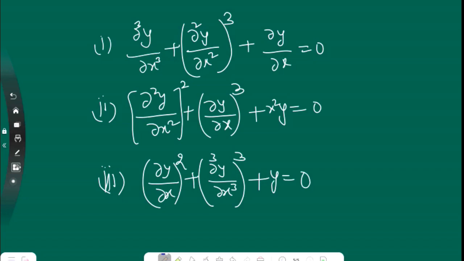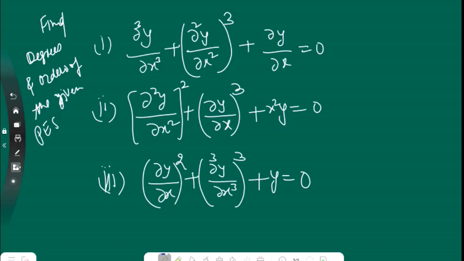So we are going to find the degrees and orders of the given PDEs. I'm going to write the correct answers here.